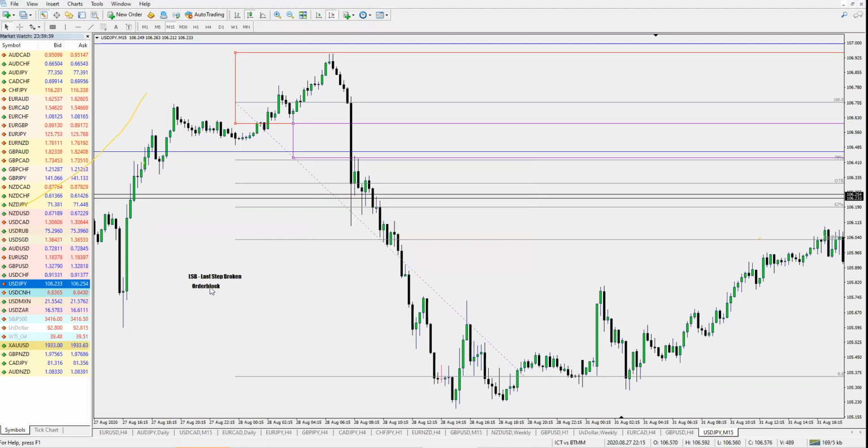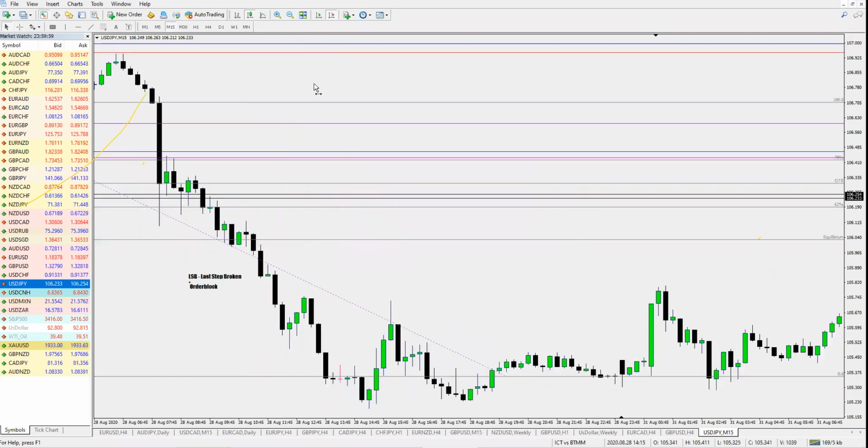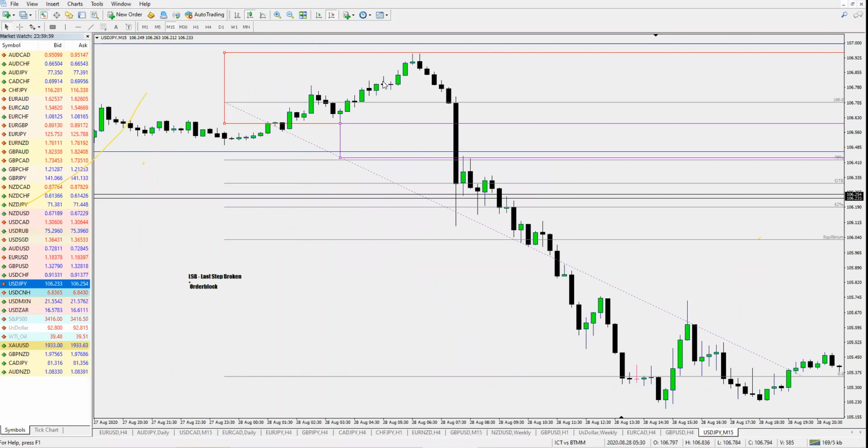So LSB is done on a 15-minute chart, and it helps you to get entry on the 15-minute chart. So essentially what you're looking for is a bullish order block that gets traded through, and that order block is this one here.